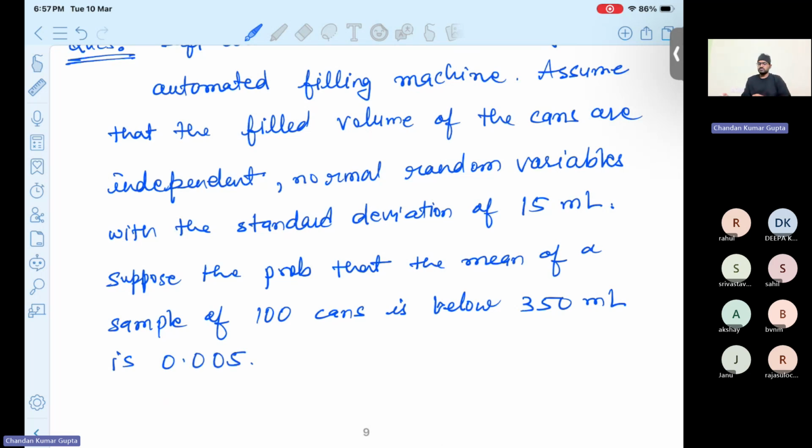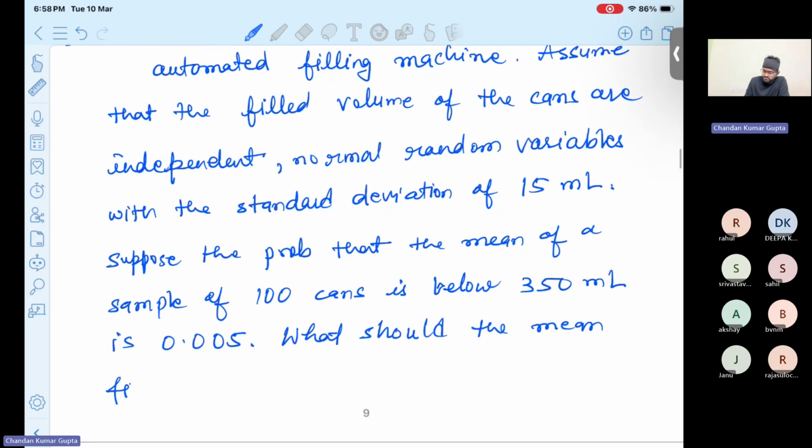Okay, this is the sample mean of 100 cans, and the probability that the sample mean is less than 350 ml is 0.005. This is what is given in the last sentence. Then the question is, what should the mean fill volume be equal to?